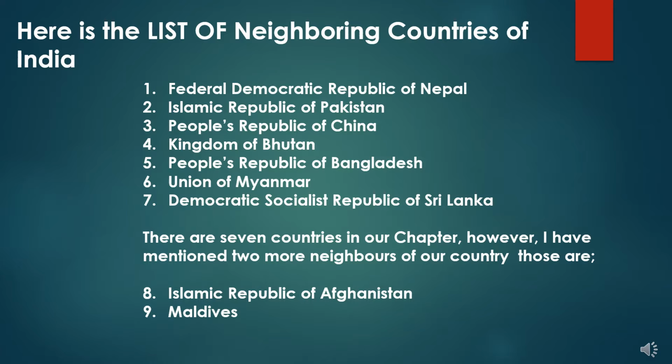Union of Myanmar. 7. Democratic Socialist Republic of Sri Lanka. There are 7 countries in our chapter. However, I have just mentioned 2 more neighbors of the countries, that is Islamic Republic of Afghanistan and Maldives.